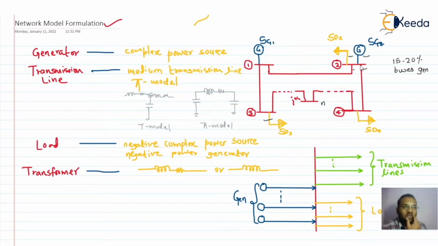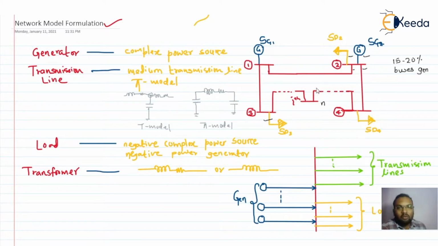For that, you can see bus number 2. And there may be a bus where nothing is connected except transmission lines. No load, no generator, only transmission lines are connected here.